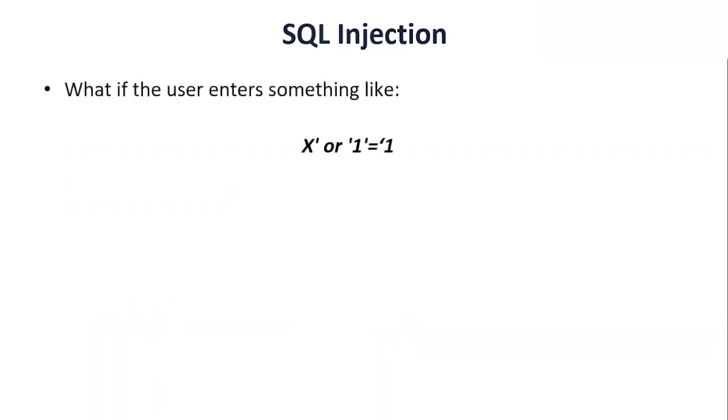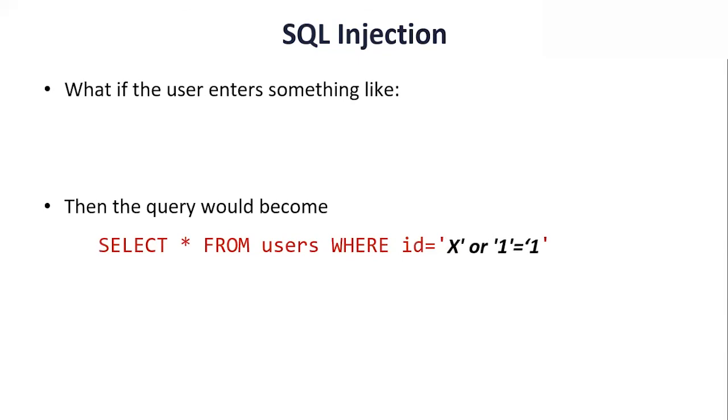But what if, instead of entering the user ID, a certain user decides to enter something like this particular line as his user ID? Then our query would become this, since we are adding whatever value the user entered, which we assume is the user ID, into the middle of this query.